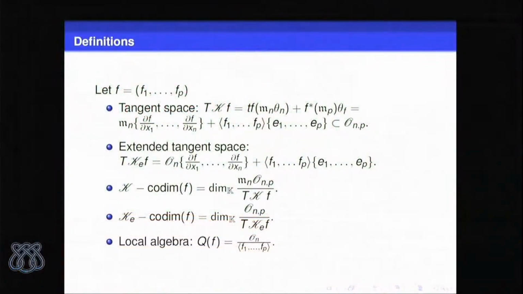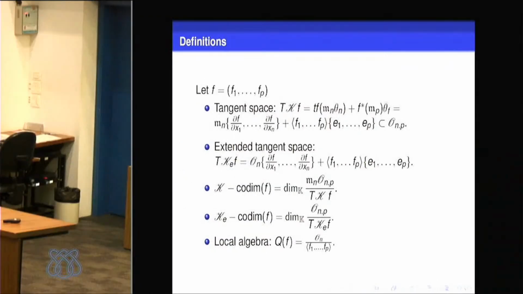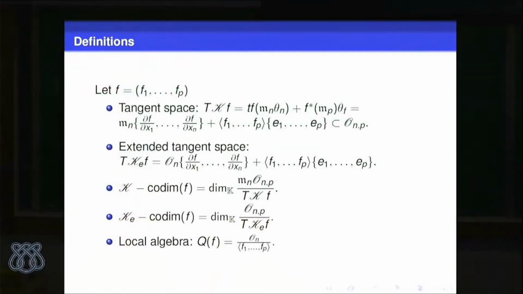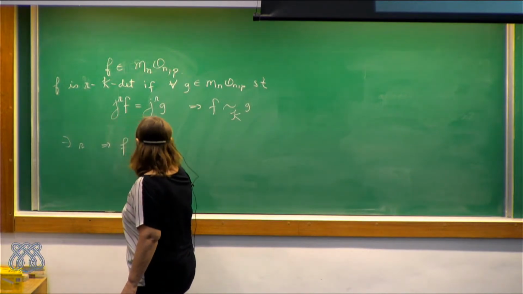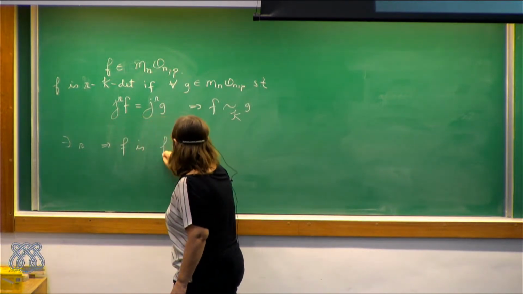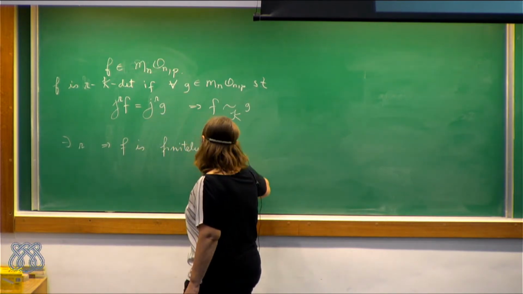Well, we've seen that it's hard to calculate this equivalence by hand. So it's not simple, just with this definition, to say if a germ is K determinate or not. Well, if there is such an R, we say that F is finitely determinate, K determinate.